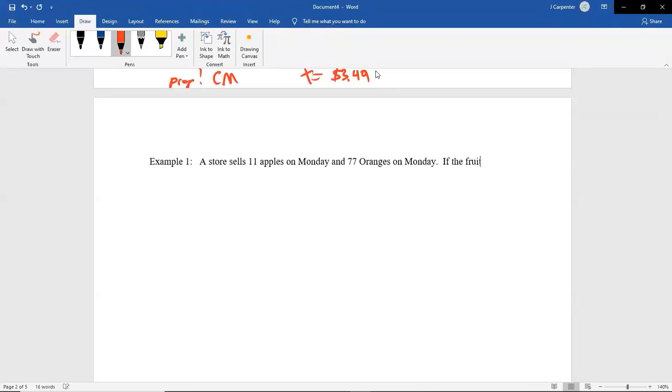If the fruit it sells is always proportional, it sells 18 apples on Tuesday, how many oranges does it sell?